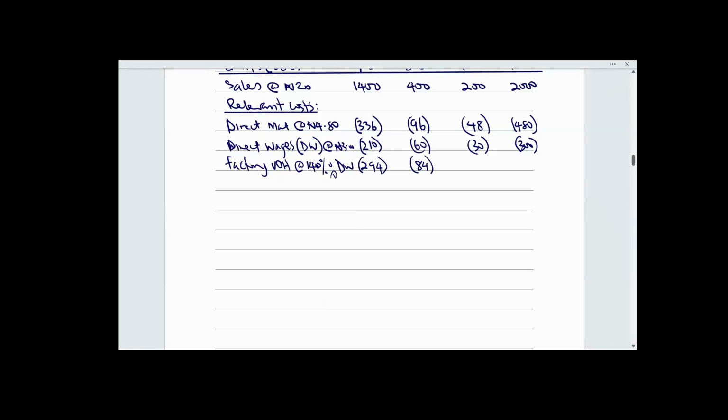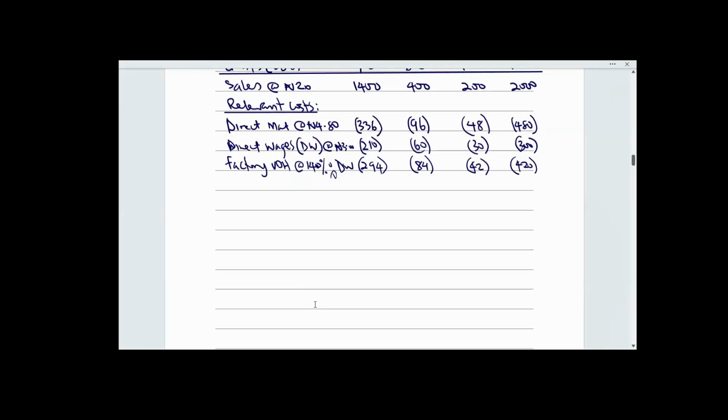Then for Kaduna, 1.4 multiplied by 30. That's 42. The total, which is 300,000 multiplied by 1.4 equal 420. So we have accounted for factory variable overhead.